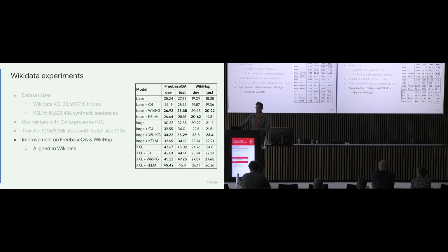And you can see that on these two data sets, knowledge injection provides better results than using original T5 on all the metrics. And something that we were happy to see is that numbers are pretty comparable between using the dumped triples versus using the natural language Kelm sentences.